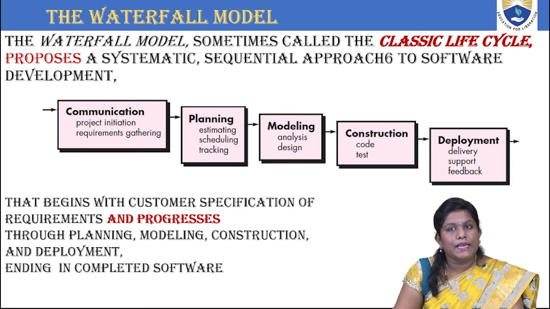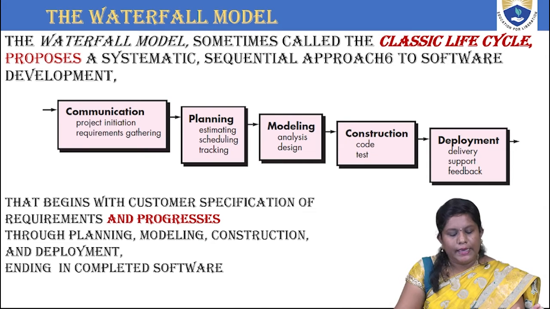Meaning what the diagram itself is depicting. First, you collect the information, plan out a proper schedule, then design a model pertaining to that schedule, then test it. If it is good, deliver. That is why it is called a systematic, sequential approach to software development, right?